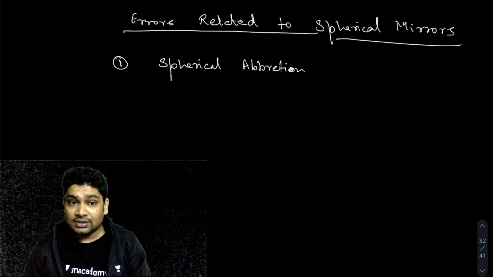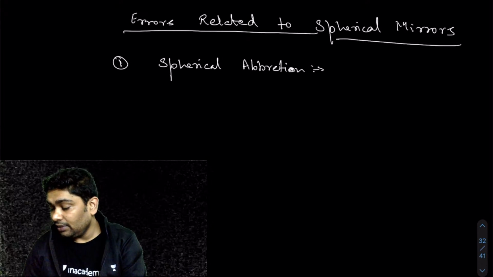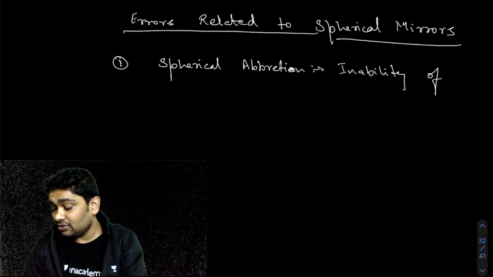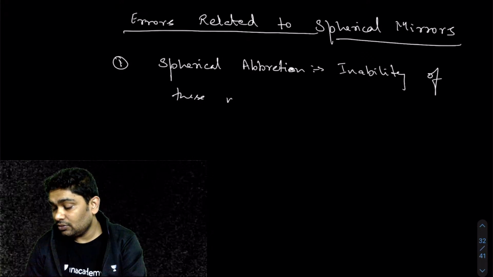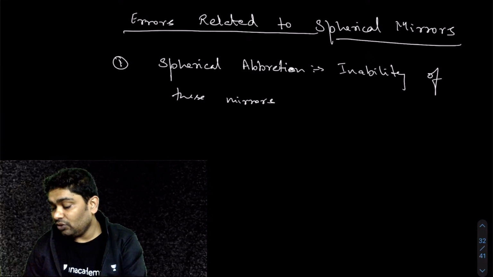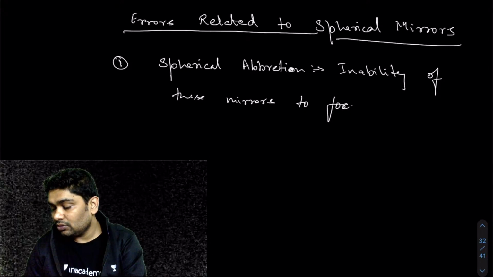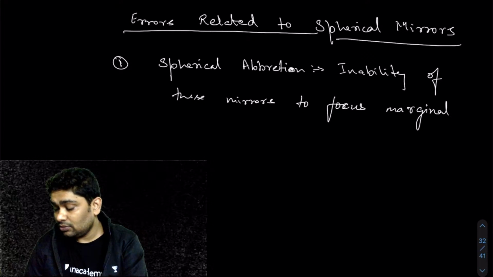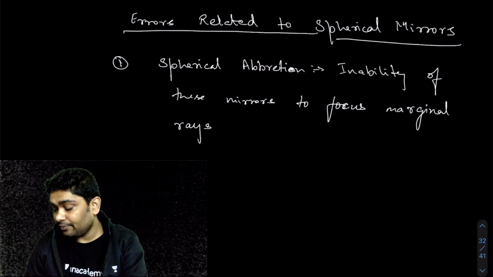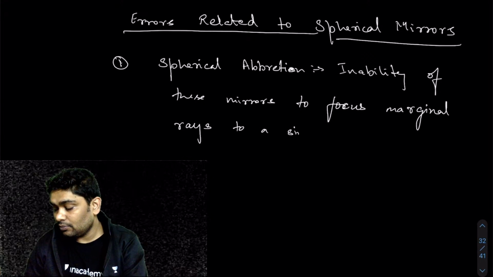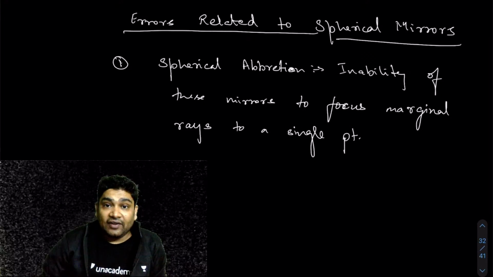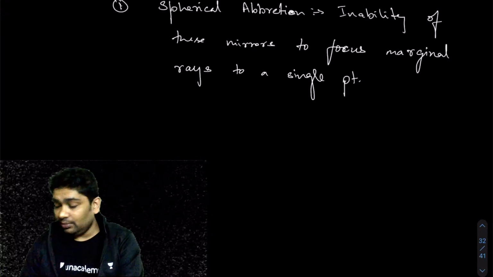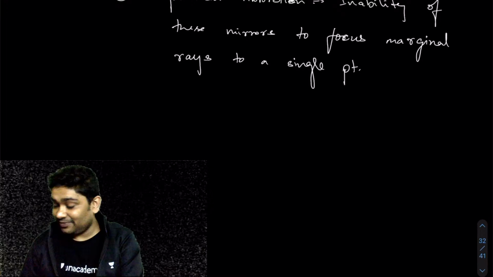That is the inability of these mirrors to focus marginal rays to a single point. So if I wanted to focus marginal rays, then I have a problem. If marginal rays were allowed to fall on a spherical mirror, you would have gotten a blurred image.